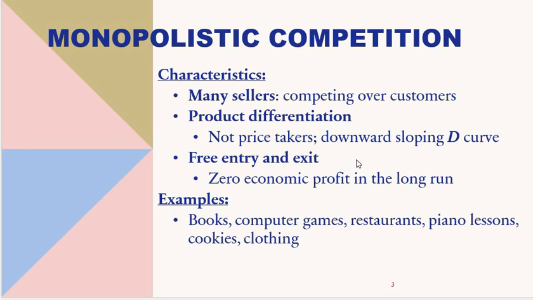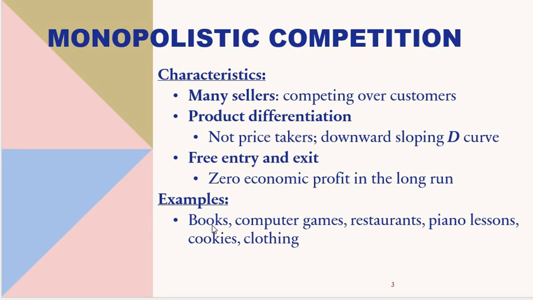So this is similar to a perfect competition market. Based on those characteristics, you might have already noticed that monopolistic competition has a lot of similarities compared to perfect competition, right? So maybe the main difference is that instead of identical goods, we have differentiated products.